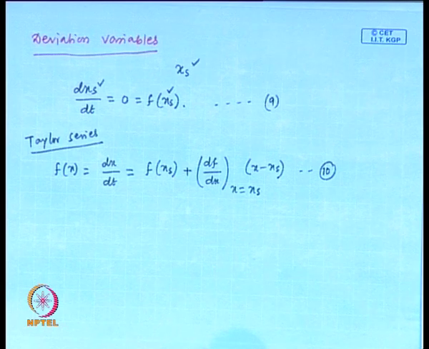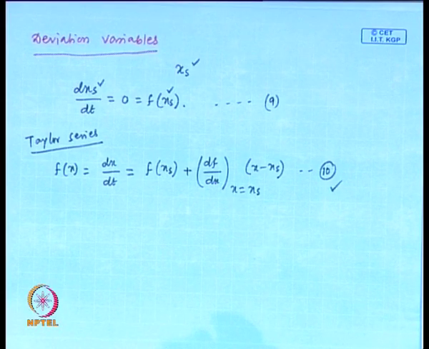Here we have just substituted x naught equals xs and we get equation 10.